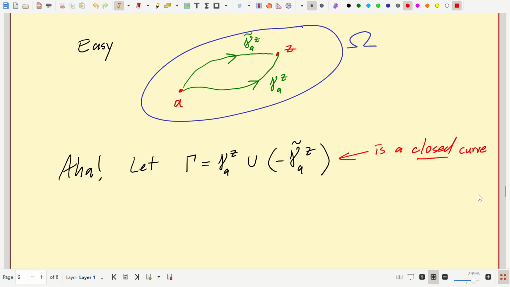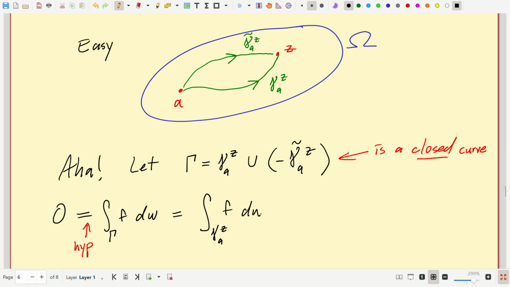And so the integral around gamma of f dw is 0 by our hypothesis. That's the hypothesis we've made. The integrals around closed contours are 0, and that's equal to the integral along gamma from A to z of f dw plus the integral going backwards.